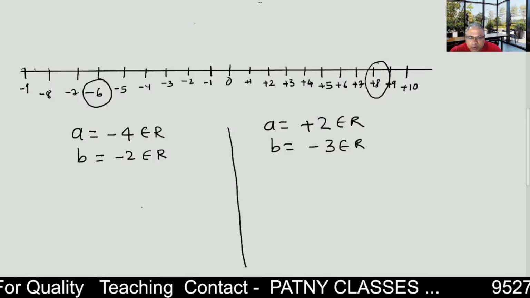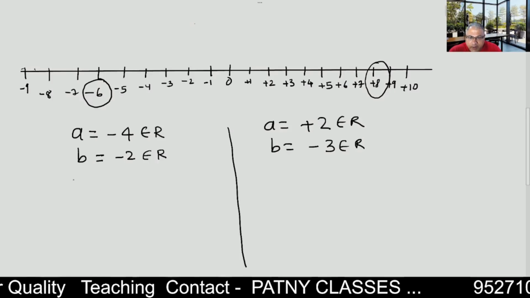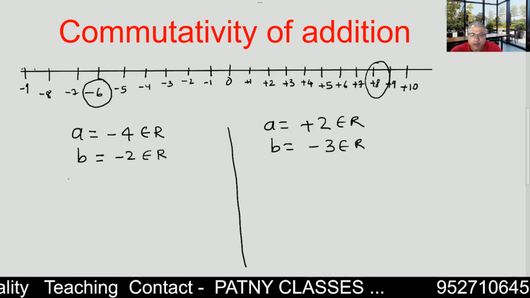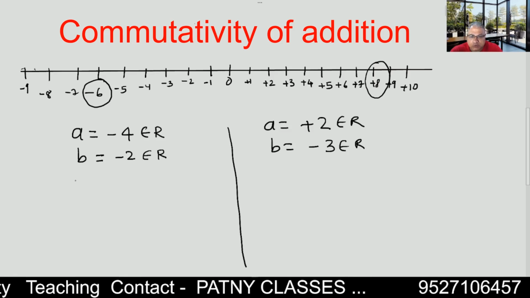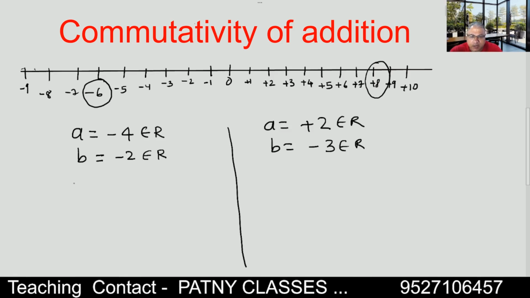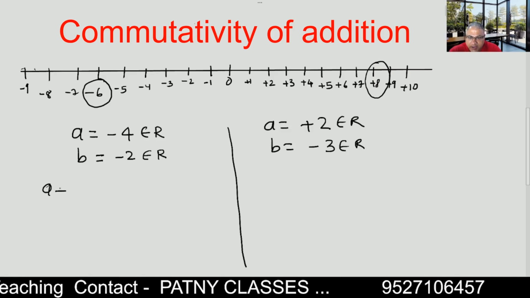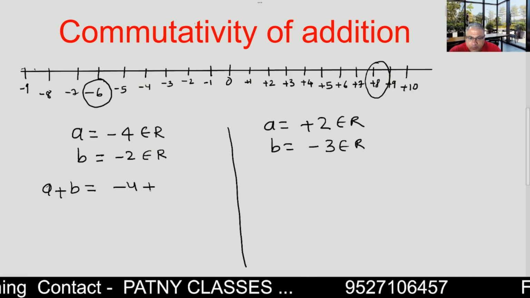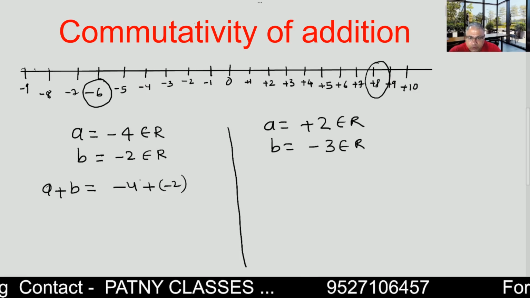Suppose we have the two numbers A and B. A equals minus 4, that belongs to real numbers. B equals minus 2, that is also a real number. Suppose we add A plus B, that is minus 4 plus minus 2.